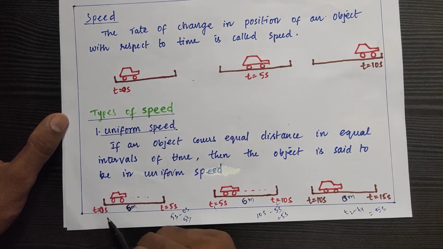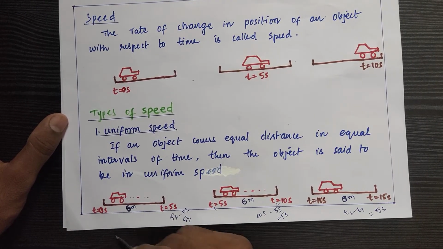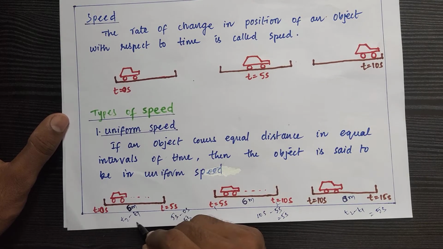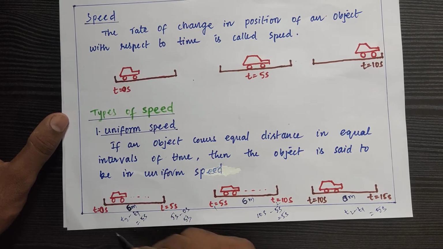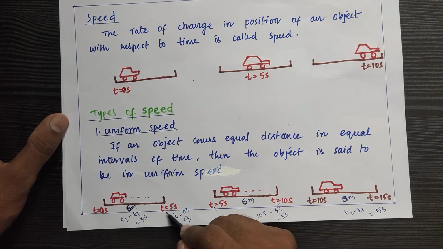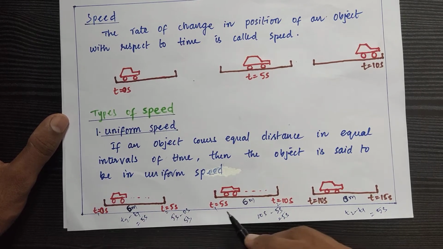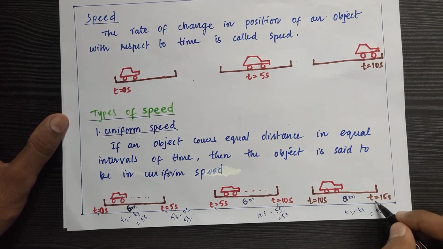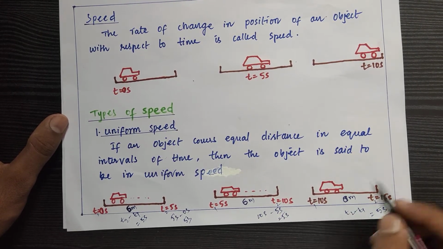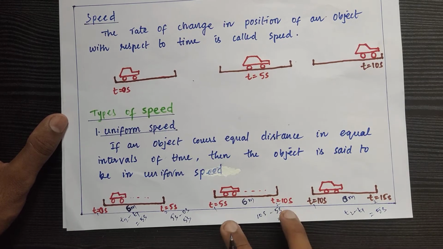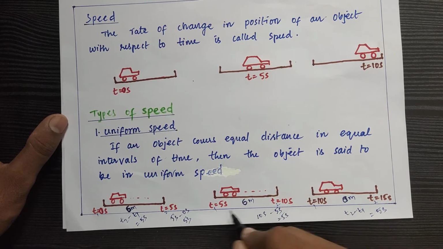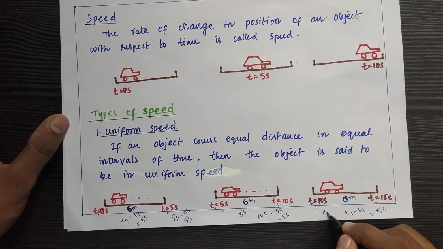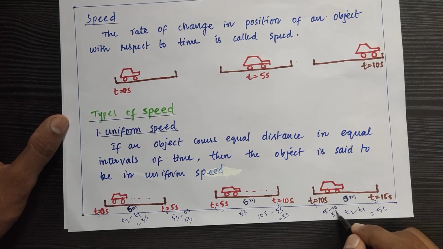Here, the time interval is the same. That means the difference t2 minus t1 is equal to 5 seconds. Let me show how. This is t2 and this one is t1, and here also, this is t2 and this is t1, and here also. The time interval is the same: 10 minus 5 is 5 seconds, and 15 minus 10 is 5 seconds.